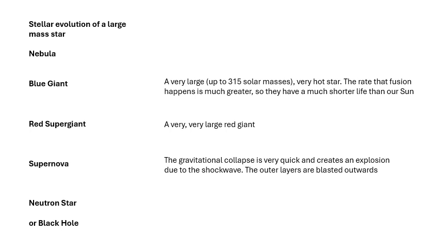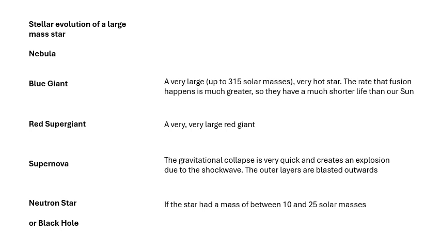Then when they collapse, the collapse is very, very quick, incredibly quick, and if you like, it rebounds. There's an explosion due to this shock wave. There's a massive amount of fusion, and this big explosion is called a supernova. And then the outer layers are blasted outwards.